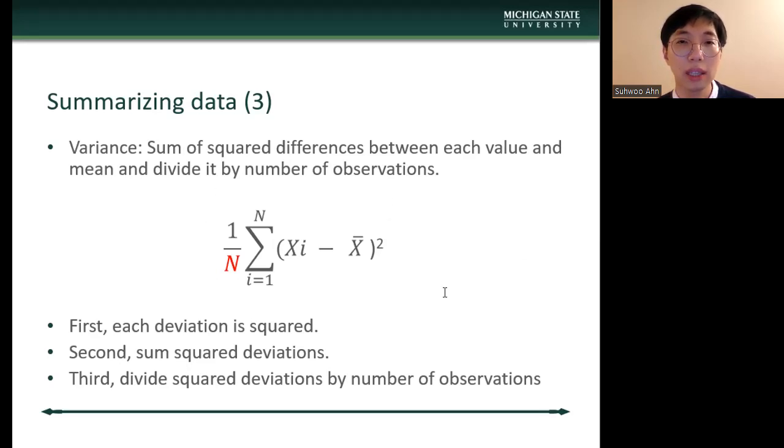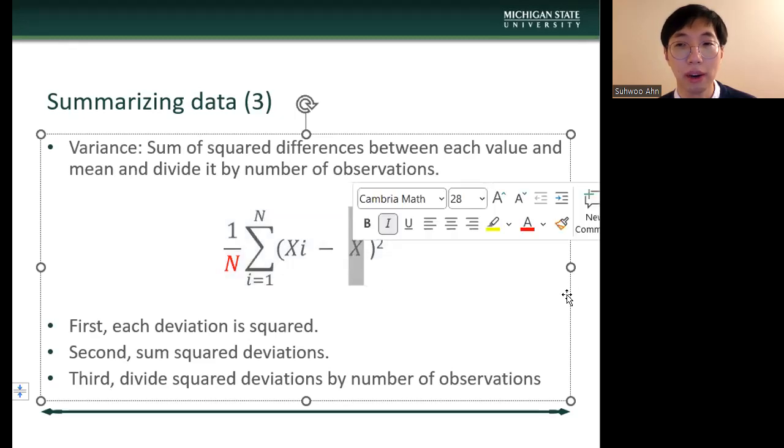The formula is like this. So sigma indicates that you have to sum the values. So when you calculate the variance, first you have to calculate deviations from each value, which means that you have to calculate xi minus x bar. The x bar is the mean here.